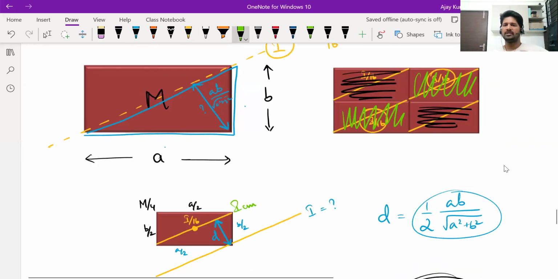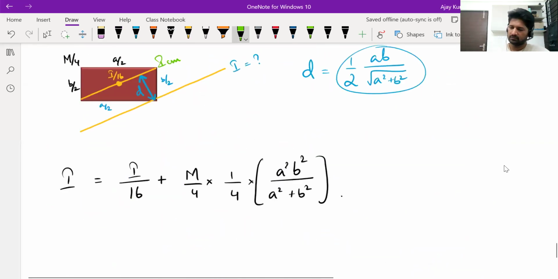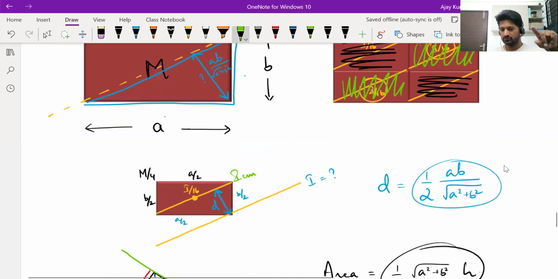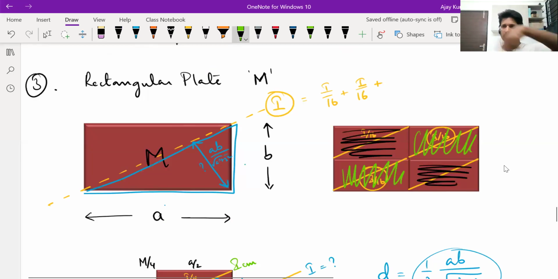And the other two pieces are contributing this much each. And we assumed I was the original rectangle's moment of inertia, which we are trying to express as the sum of these four moments of inertia.